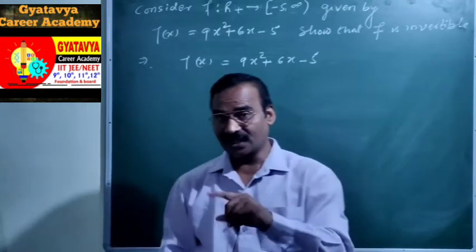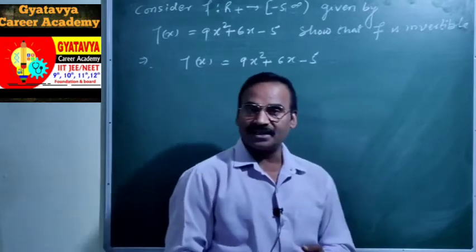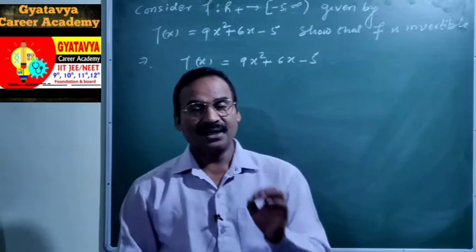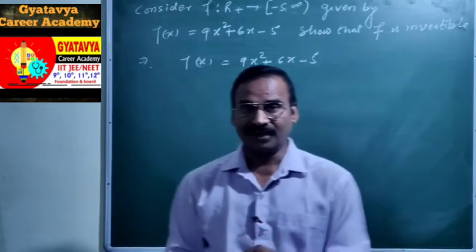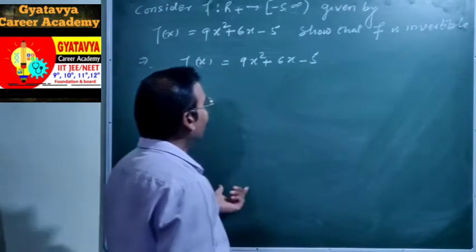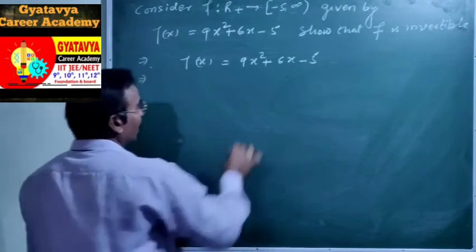If the composition of f(x) and g(x) is equal to the identity function, then it will be invertible. So you can choose any way. I think finding the composition of the two functions f(x) and g(x) is the simpler way.